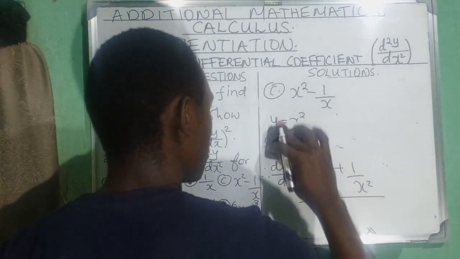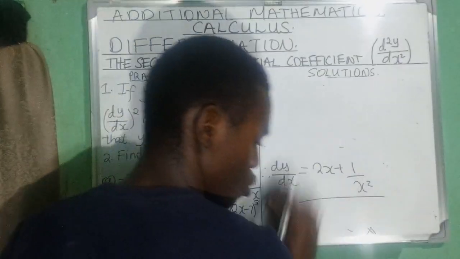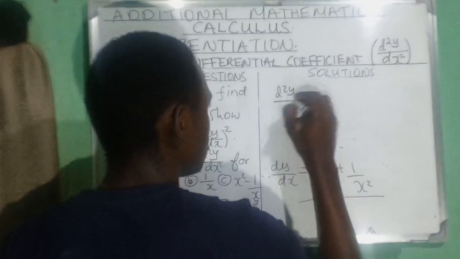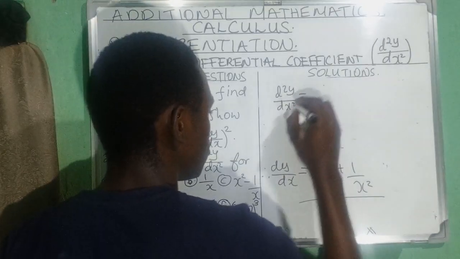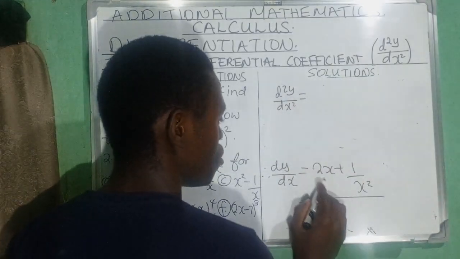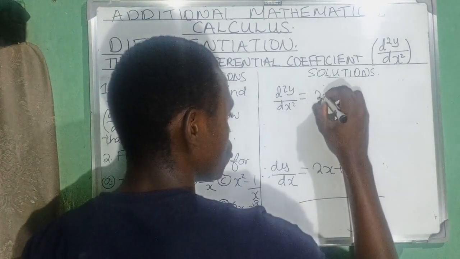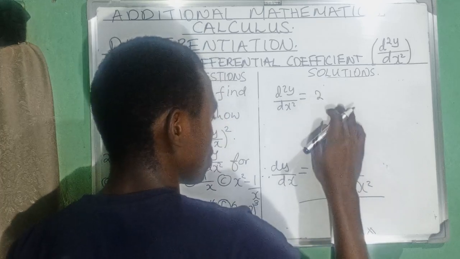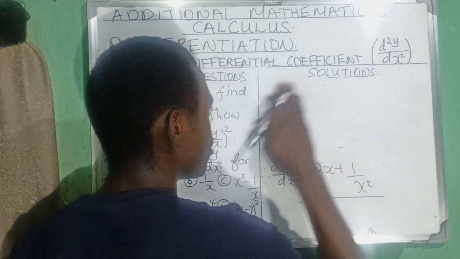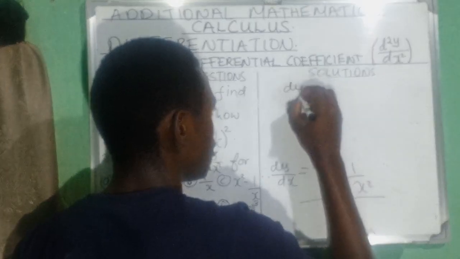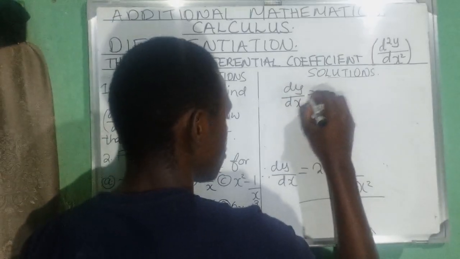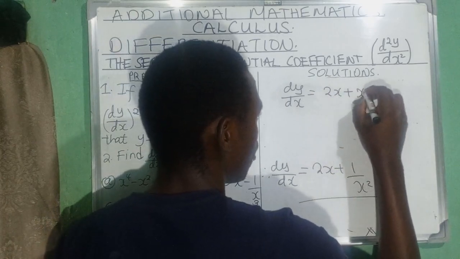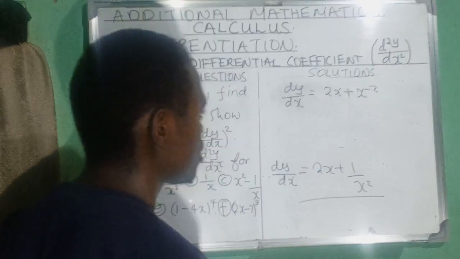Then to find our second derivative, what we'll do is we'll say the d2y/dx2 is equal to, we differentiate 2x, is going to be 2, okay? Okay, first of all, let's write our dy/dx in a different form. dy/dx is going to be equal to 2x plus x to the power negative 2, like that.